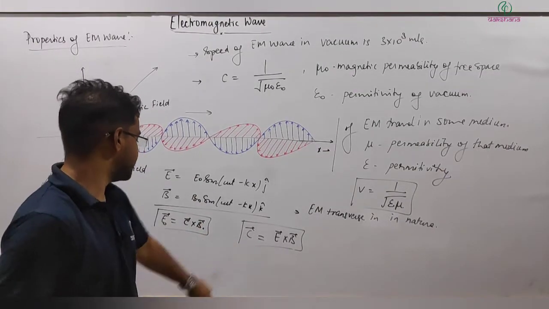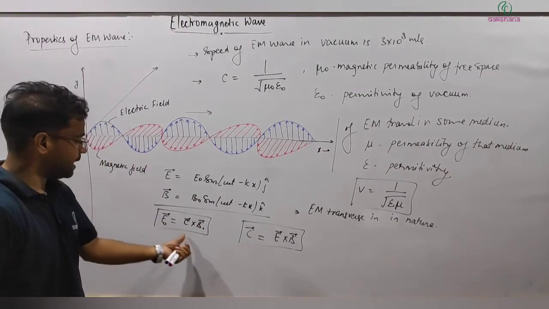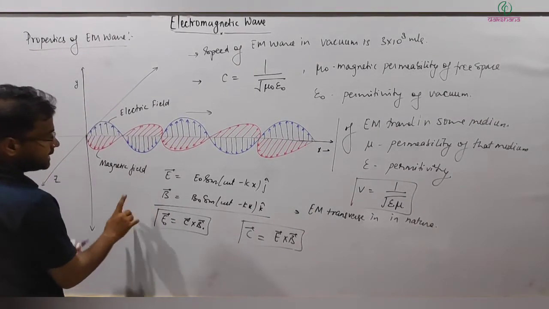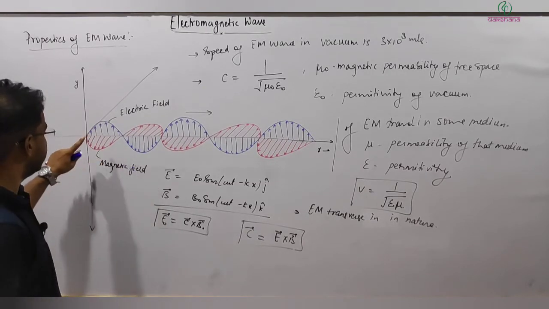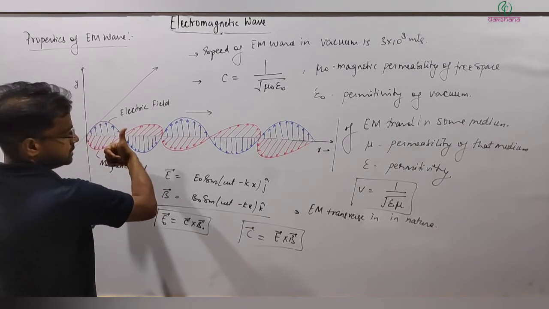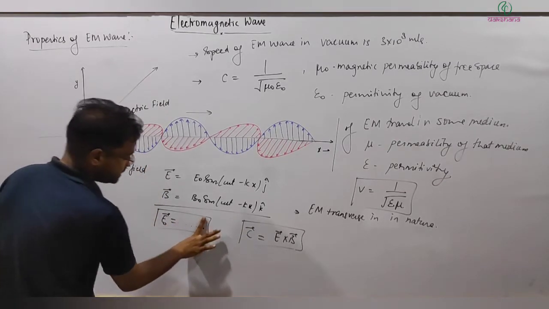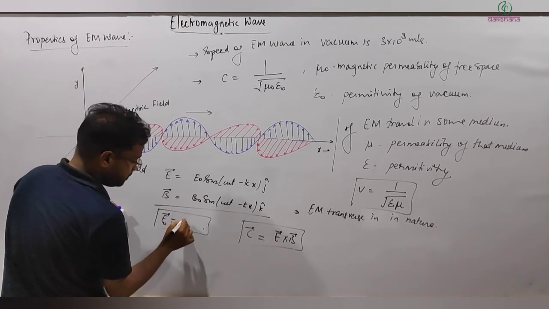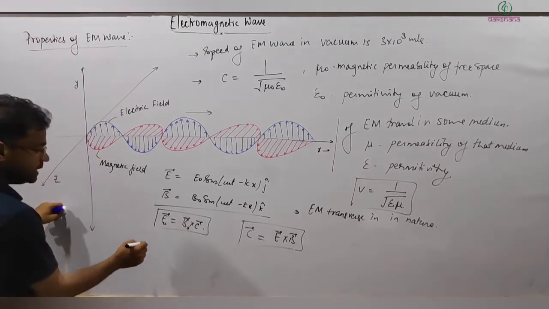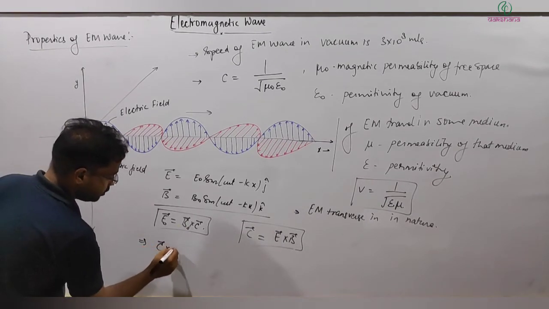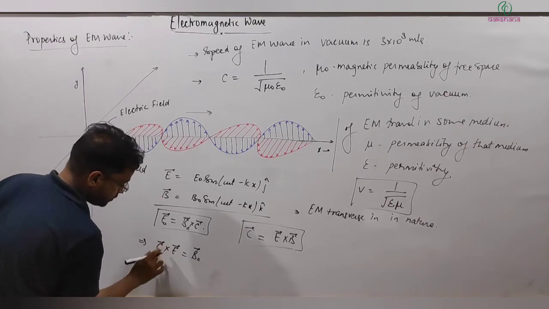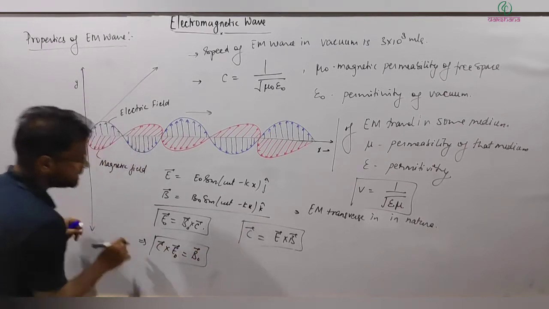So we have this relation, and we can have this relation also. We can check it, because this is the condition given. For this B, B cross C should give you the E, so here B bar cross C bar will be in this direction. Similarly, C bar cross E bar will be equal to B bar, because we can check it here.